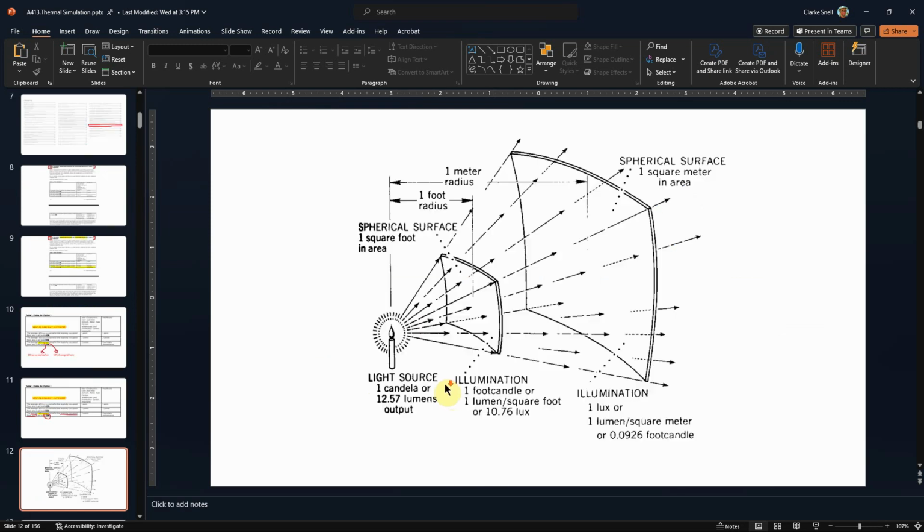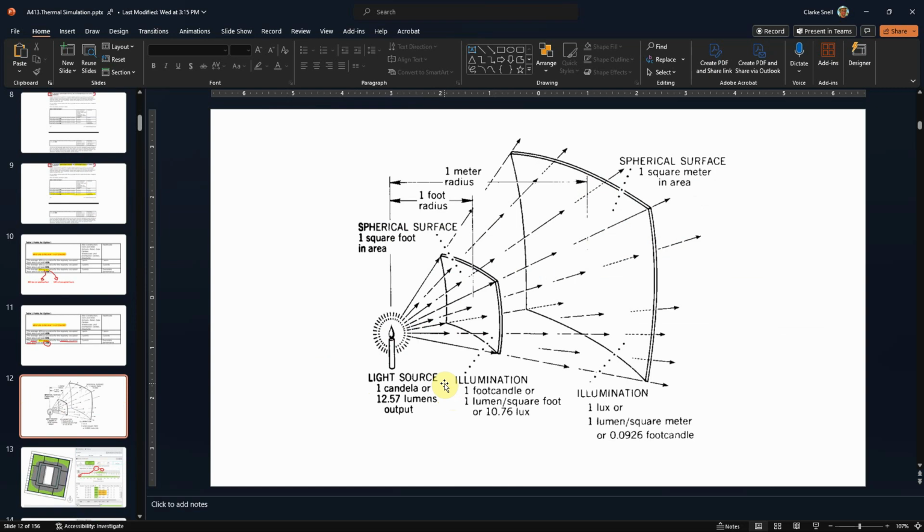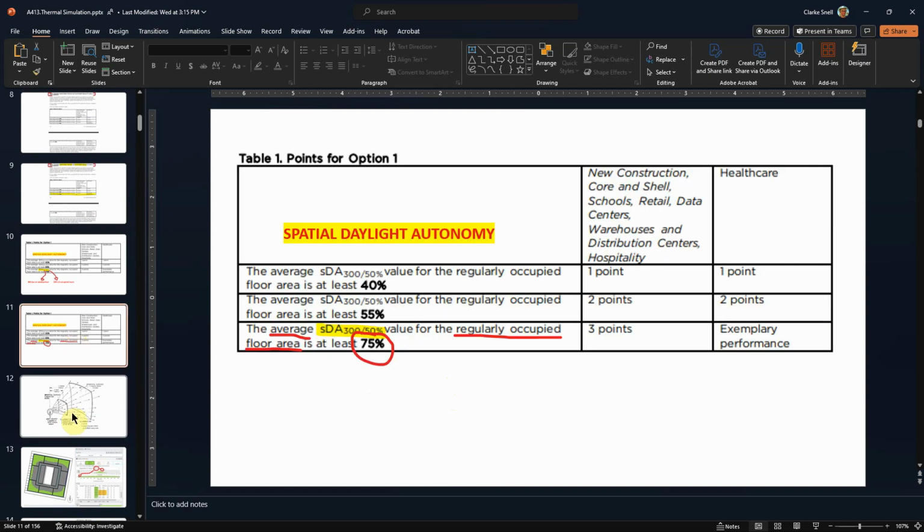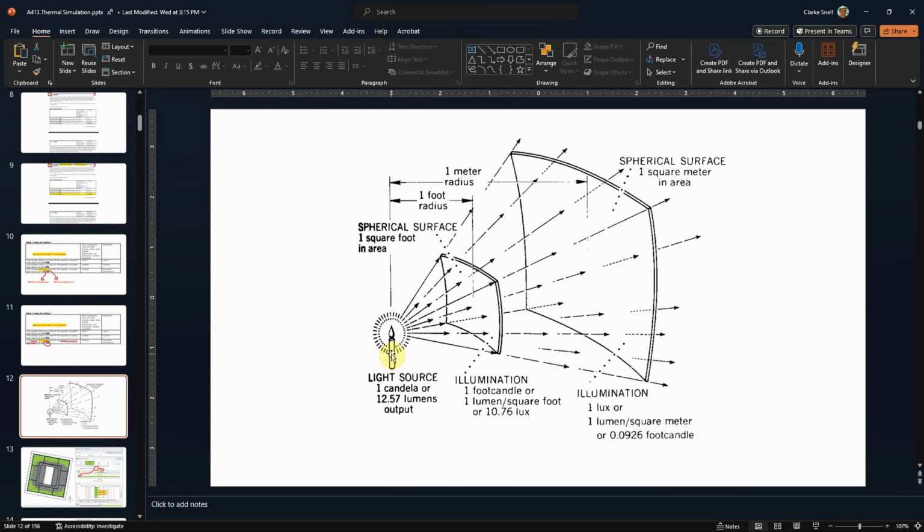And remember, when we say lux, what is lux? This is our trusty old diagram that I don't know how long this has been around. We have a light source giving off light in a sphere coming off of it. We measure that in lumens, and then the amount of light in a direction is candela.